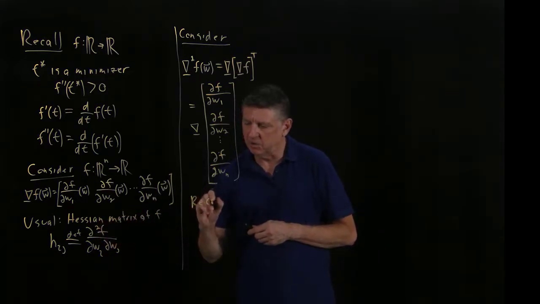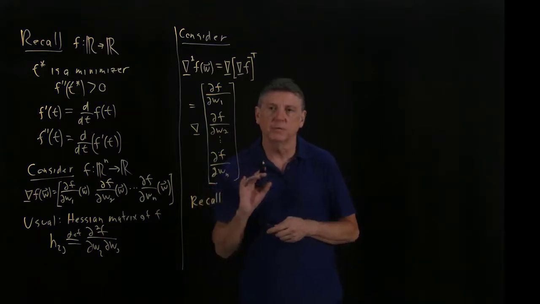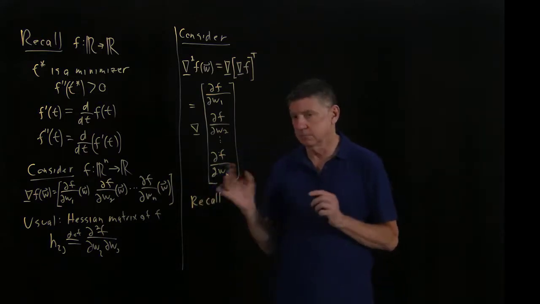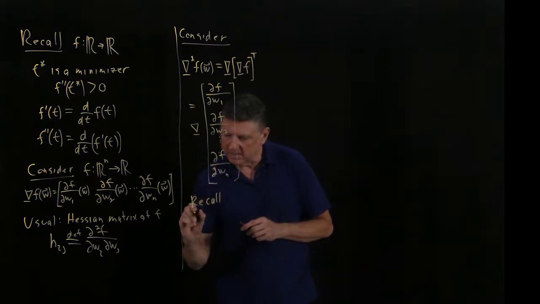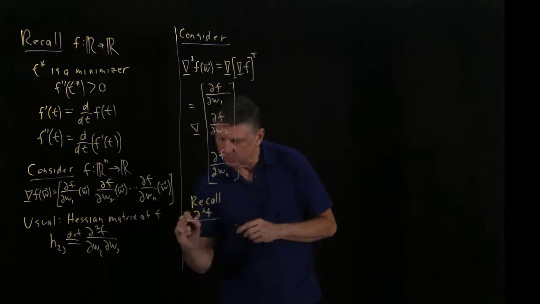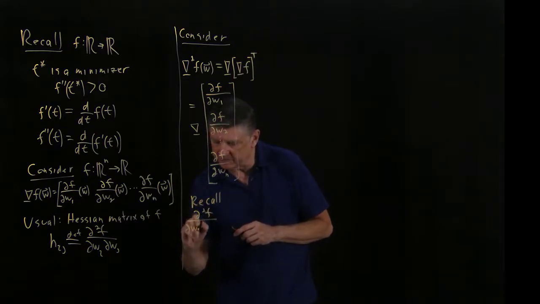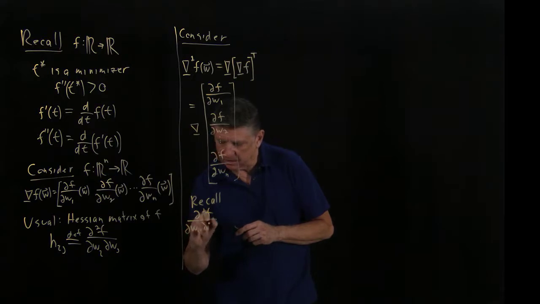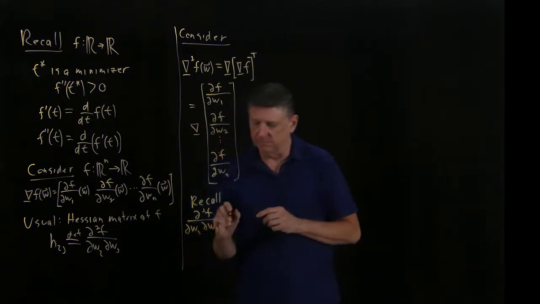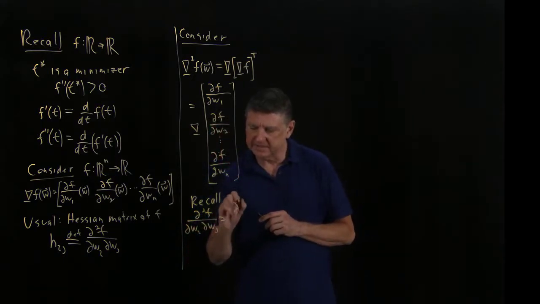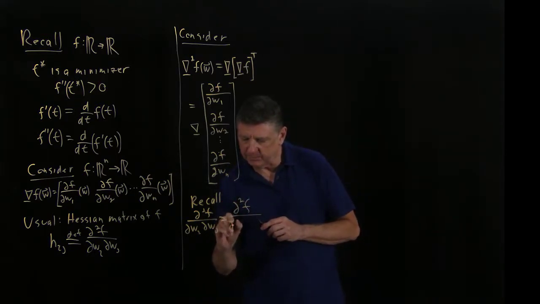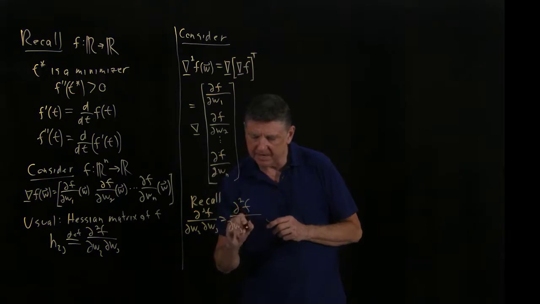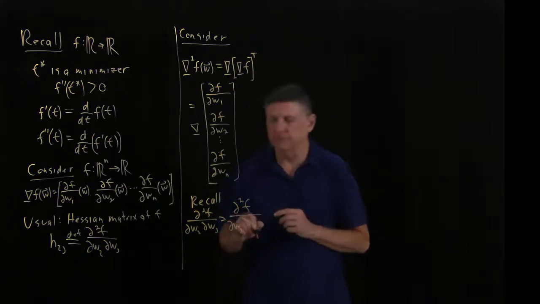And let's recall from elementary multivariate calculus that the second derivative of f with respect to i then j is the same as the second derivative of f if we did j then i.